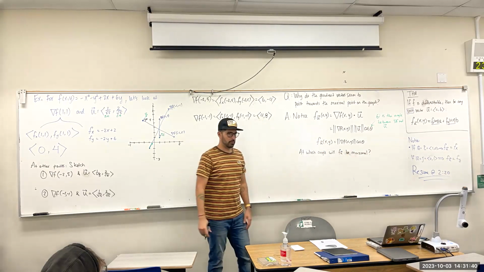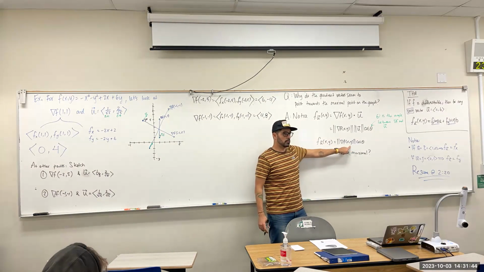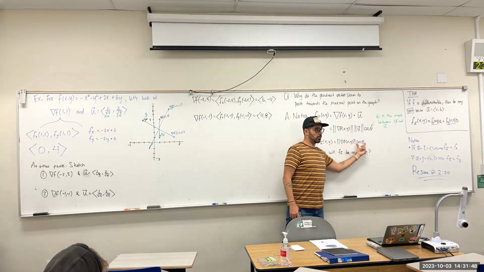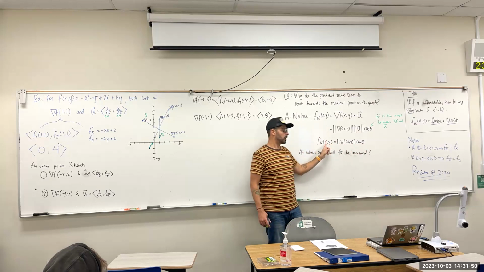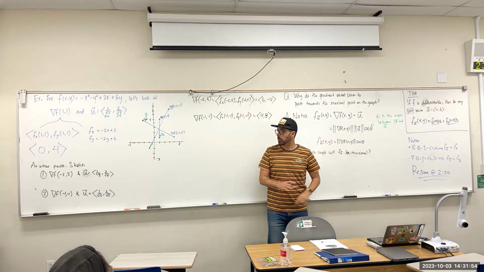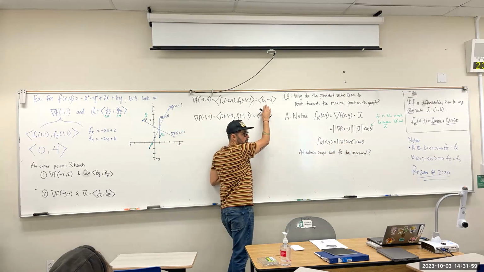Is this ever going to be negative? No, right? The gradient vector at that point will never change; it's always that gradient vector.